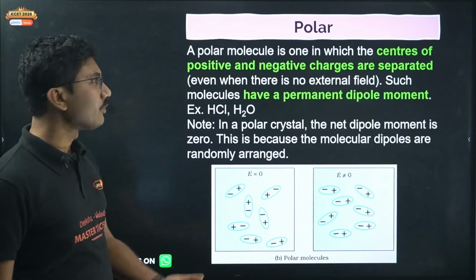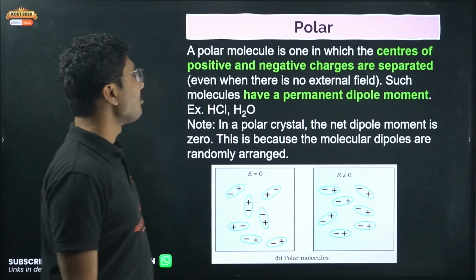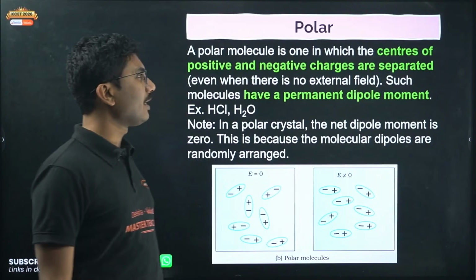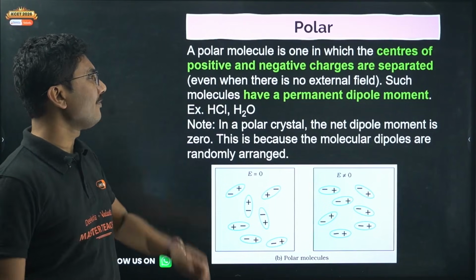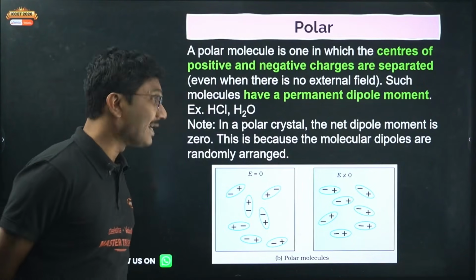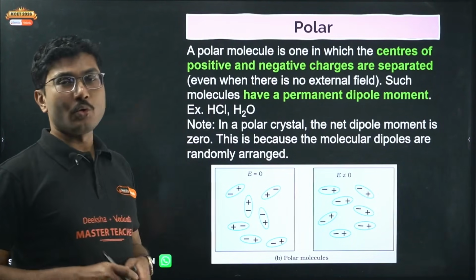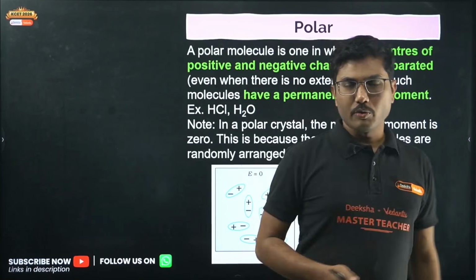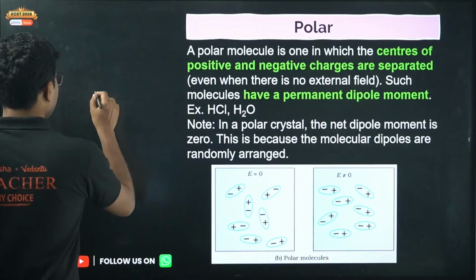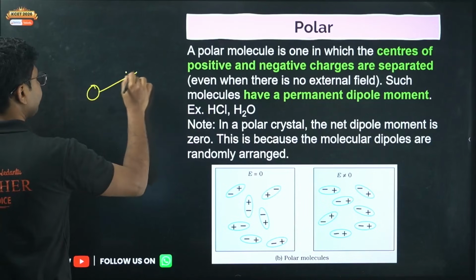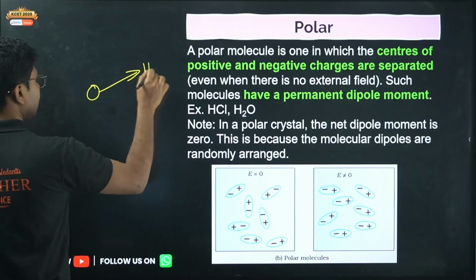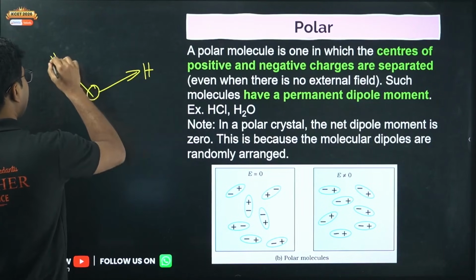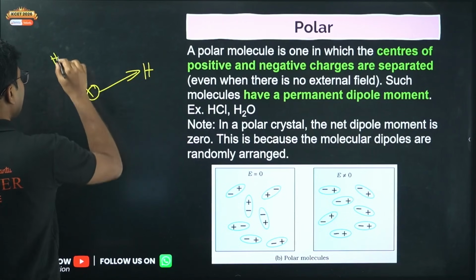Now polar molecules or polar dielectrics. A polar molecule is one in which the centers of positive and negative charges are separated even when no external field is applied. Now how is it possible? For example, water. If you consider water, the angle is about 120 degrees. What happens?